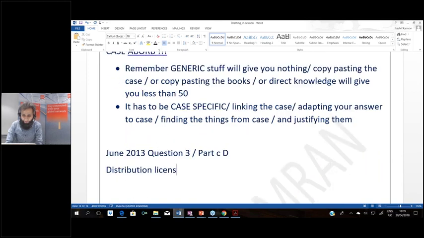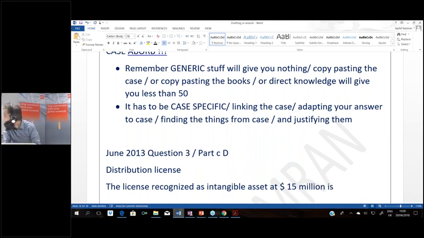Distribution license. The license recognized as intangible asset at $15 million is 5%.